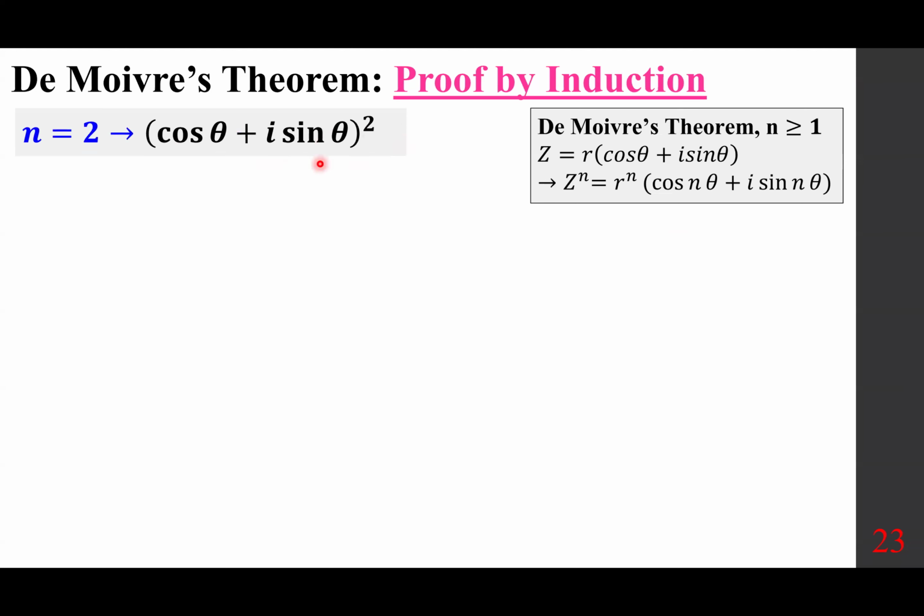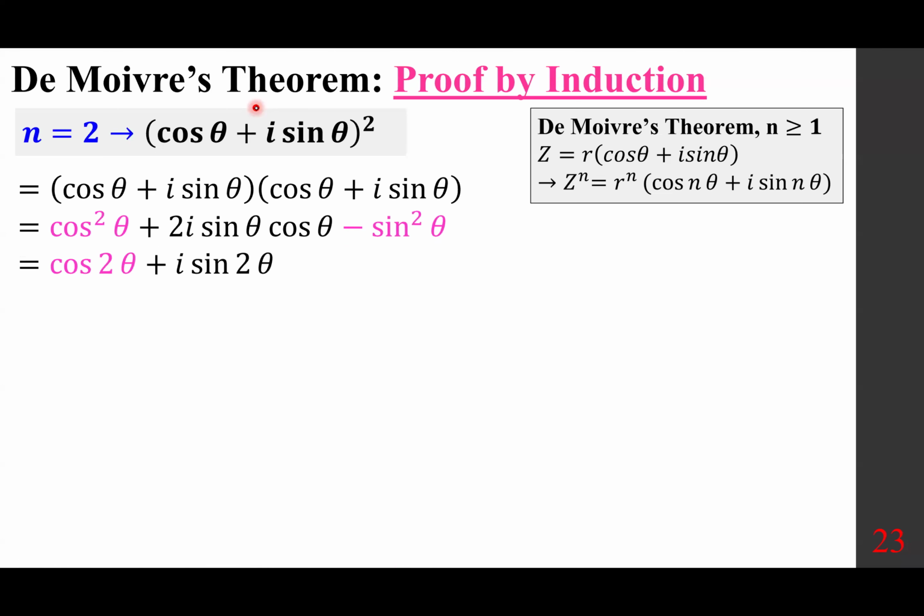So cosine squared plus 2 cosine theta sine theta times i, plus i squared sine squared. That is cosine theta plus i sine theta times cosine theta plus i sine theta. You do the foiling.